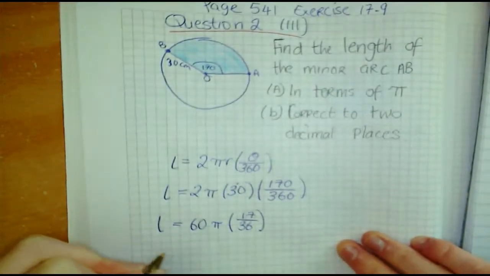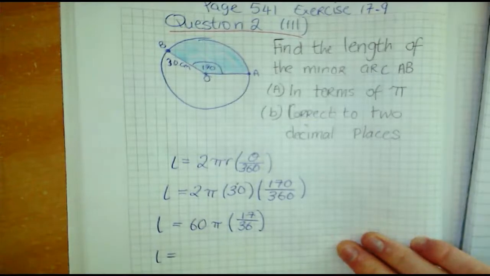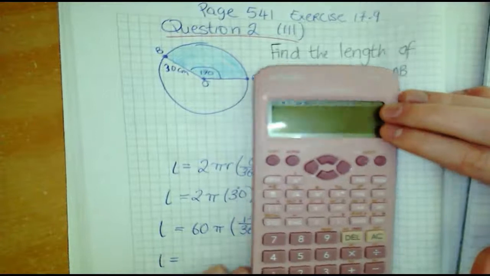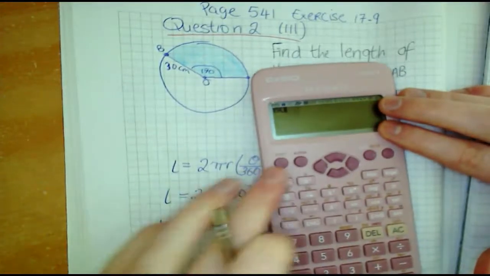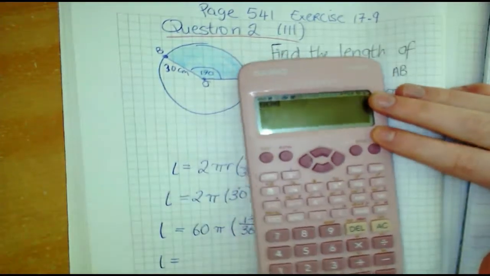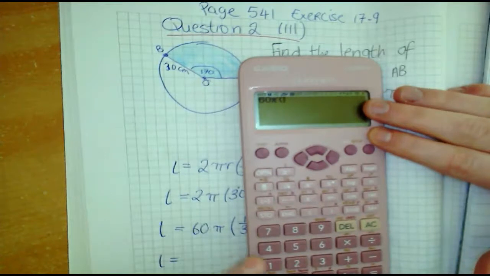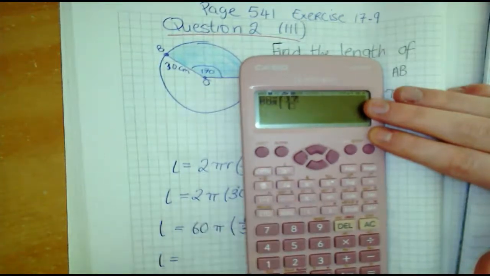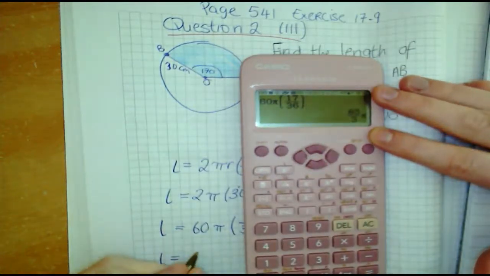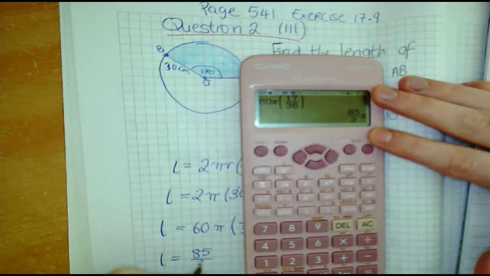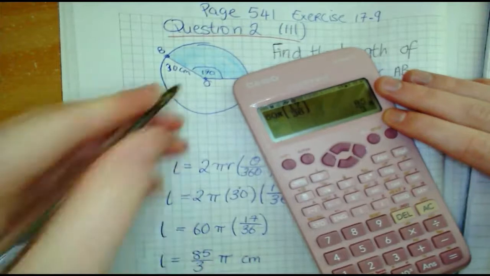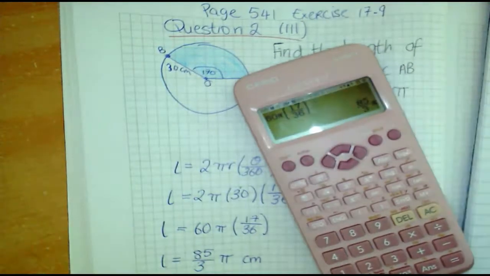L then is equal to 60 pi, 17 over 36, close your bracket, equals, and it's 85 over 3 pi, and that's centimeters. Okay, centimeters because our radius is in centimeters. So that's part A.